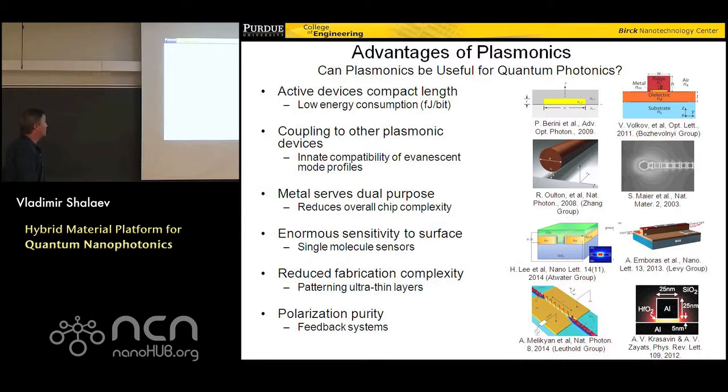We discussed most of them, but let me just re-emphasize, because that's important. With plasmonics, you could really go low in terms of energy consumption. And the goal now, and several groups work on this, actually, is to have femtojoule per bit. For 1 bit of information to use as little energy as possible.